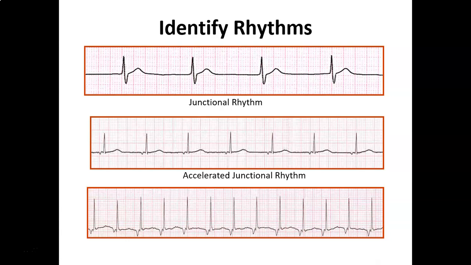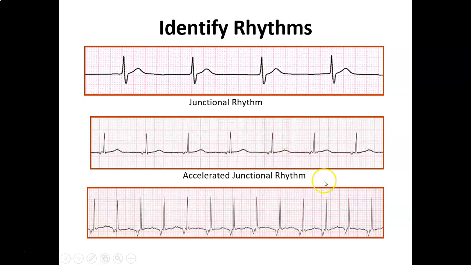Here if you see, heart rate is between 60 to 100, less than 100 I mean, but more than 60. There are some abnormal inverted P waves. So obviously these are not the sinus. So these are abnormal narrow complexes.